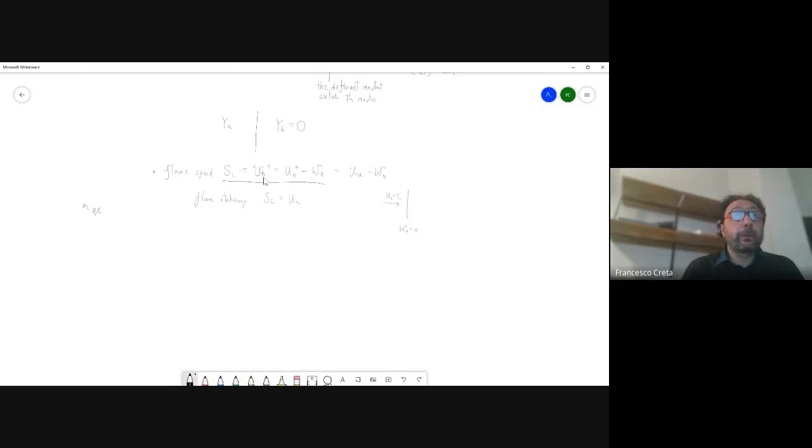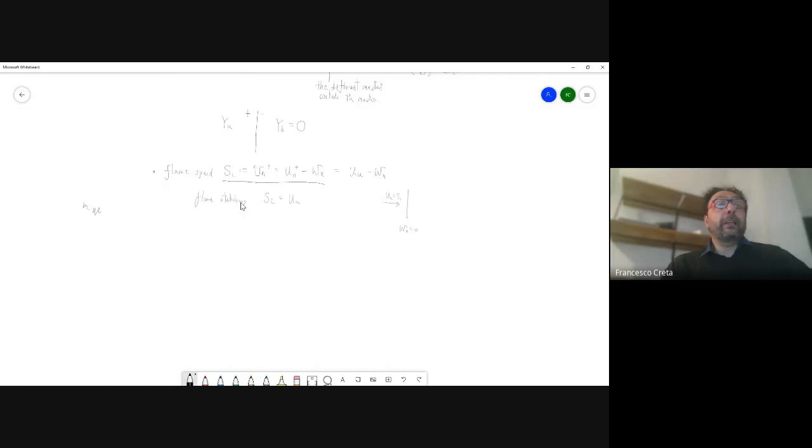Remember, this is the plus side, this is the minus side. It's defined as the flow velocity relative to the flame. So it's Un plus, the flow velocity in the laboratory frame, minus the velocity of the flame itself. So U plus is clearly Un minus Wn.